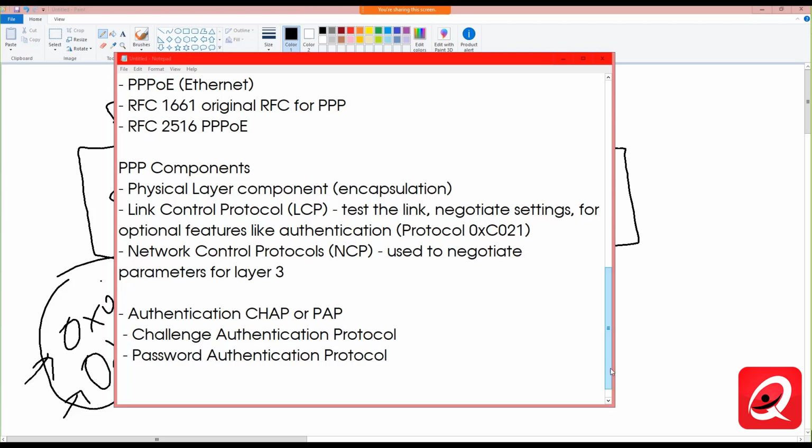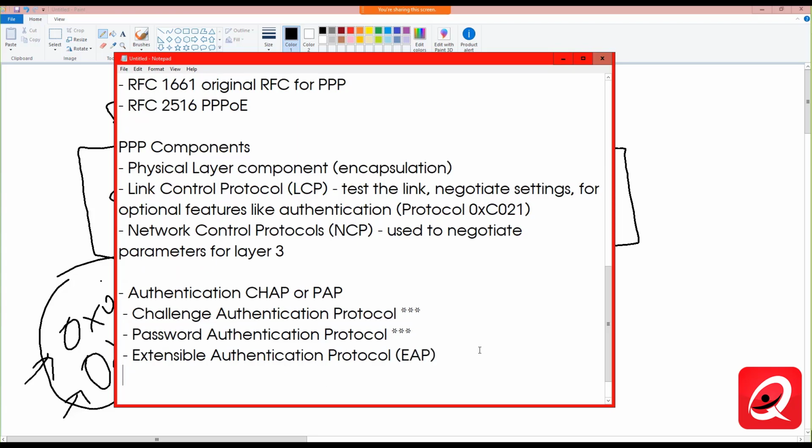Now, there are some other ones. Those are the main ones. In fact, I'll put a little asterisk here because that's what we're going to talk about in this lesson when we get into the authentication piece. But we also have something called EAP, Extensible Authentication Protocol, which would require the use of a back-end RADIUS or AAA type of environment. We won't spend any time talking about that.